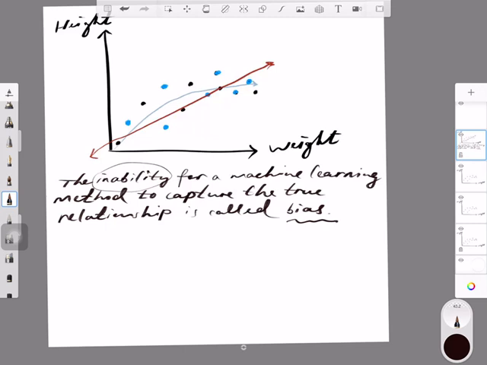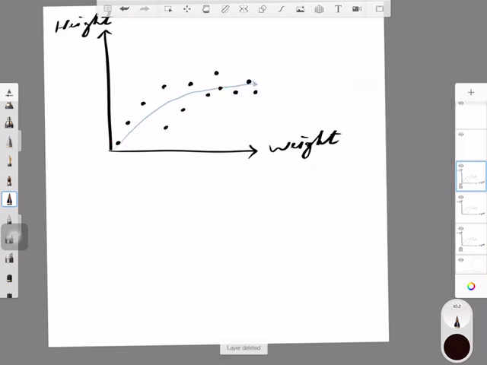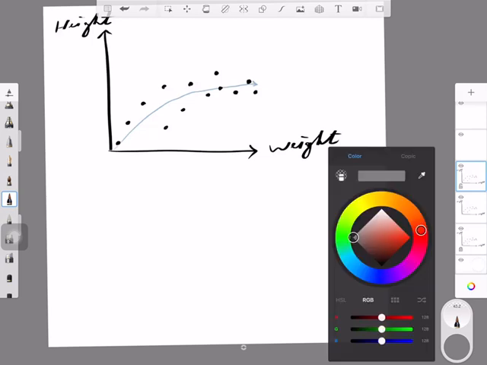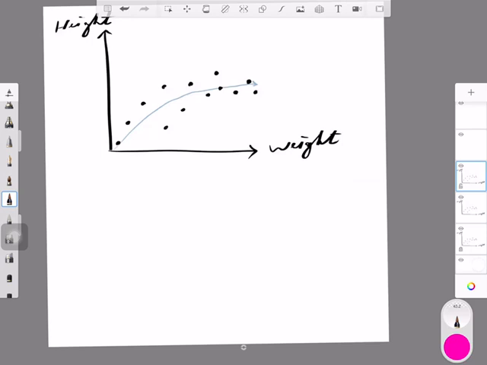That's the definition of bias. Because the straight line cannot be curved like the true relationship is, it has a relatively large amount of bias.